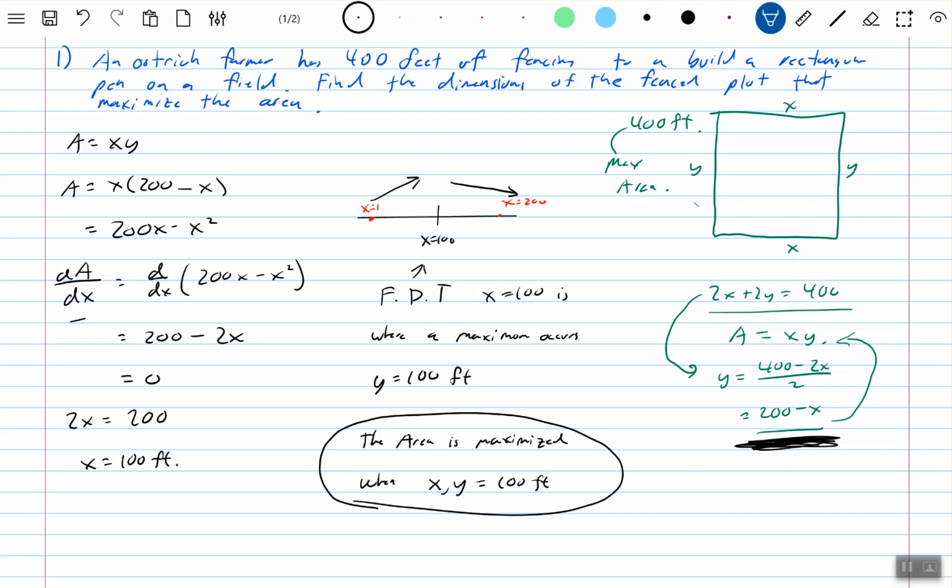Now, what do we call it when the sides of a rectangle are equal to each other? A square. Fun fact, when you have a rectangle like this, and you're counting all four sides, the square maximizes the area of your shape. So this is the process we do in optimization.